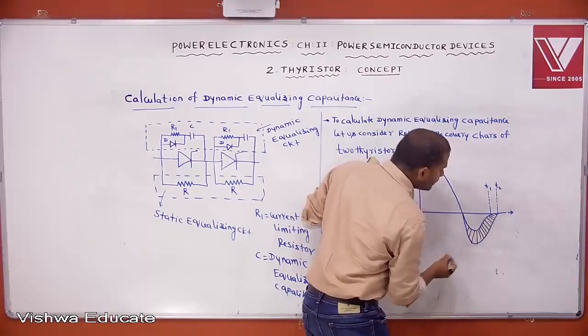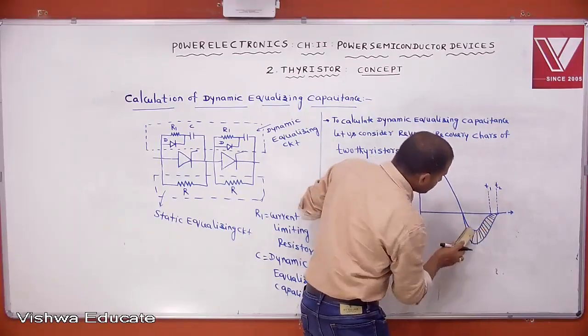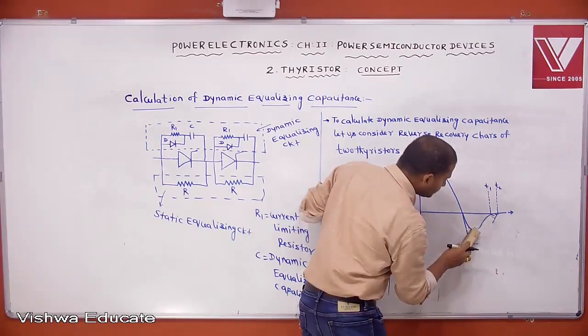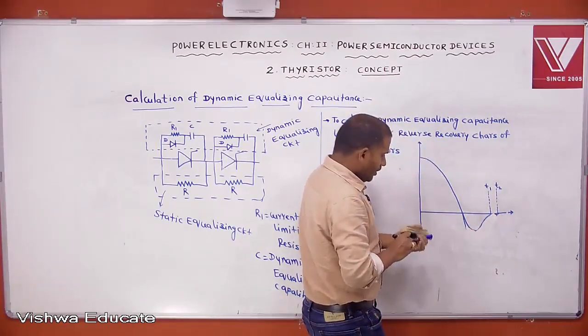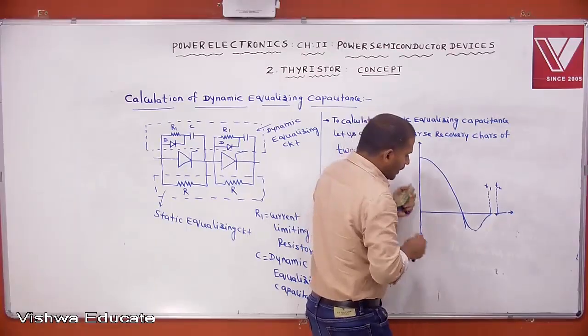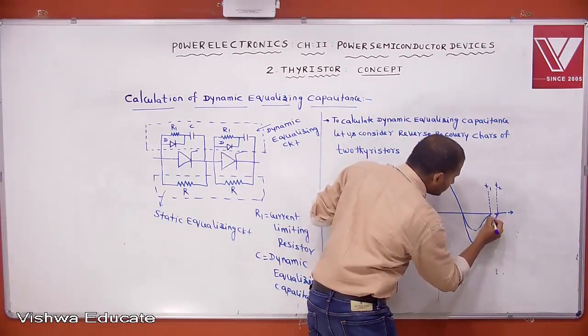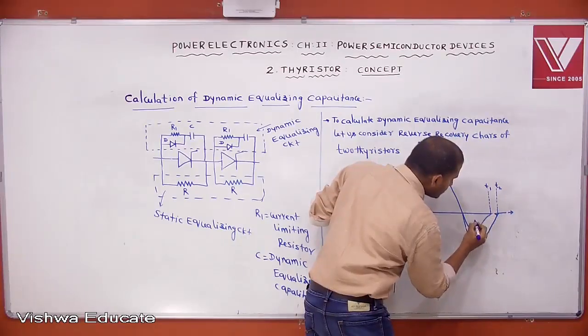Let this charge difference be taken like this, instead of these lines. One is for the T1 thyristor, another for the T2 thyristor. This is the charge difference.